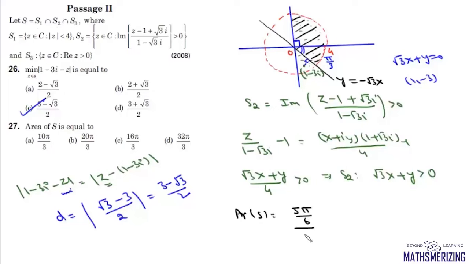Now theta upon 2 pi into pi r square, and r square in this case is simply 16. Now here pi and pi will cancel. This is 8, this is 4 and this is 3. So it will be 20 pi by 3, and that's your option B.